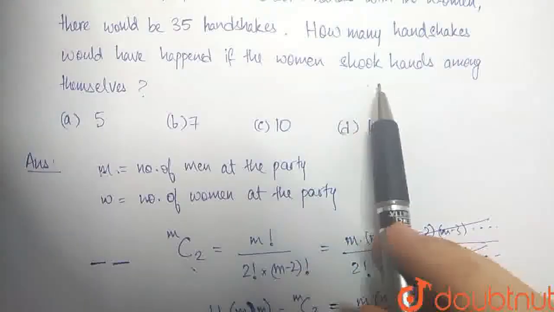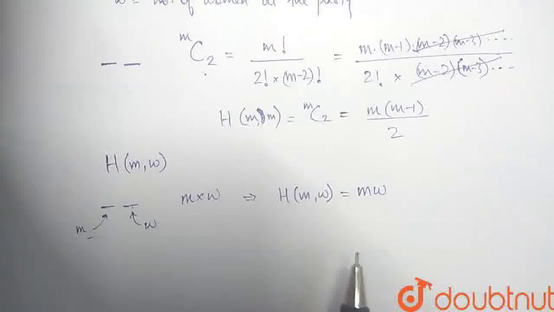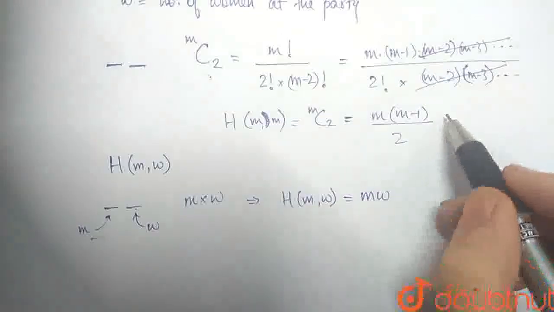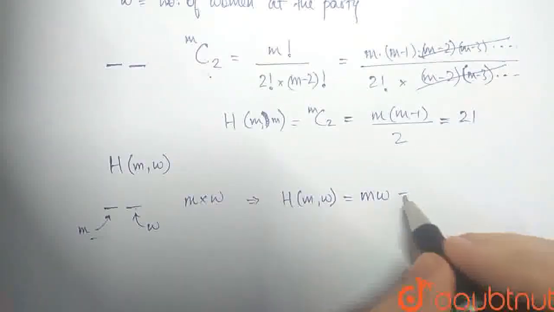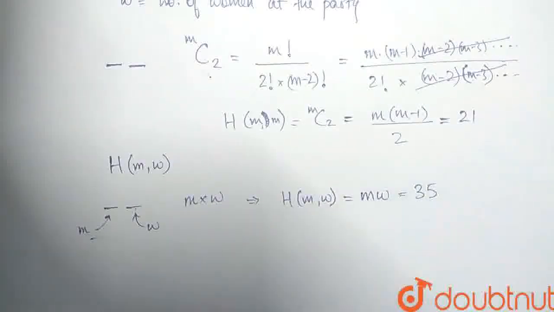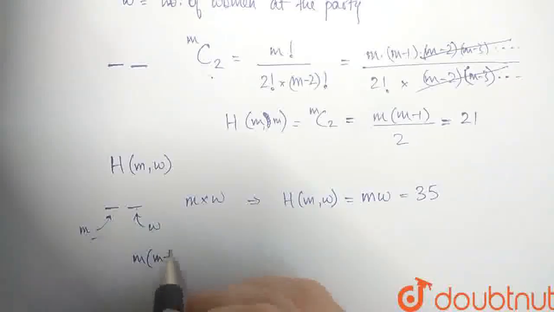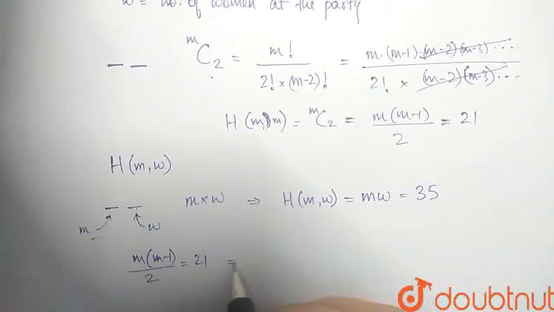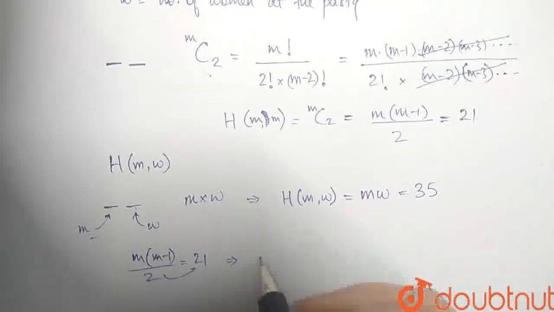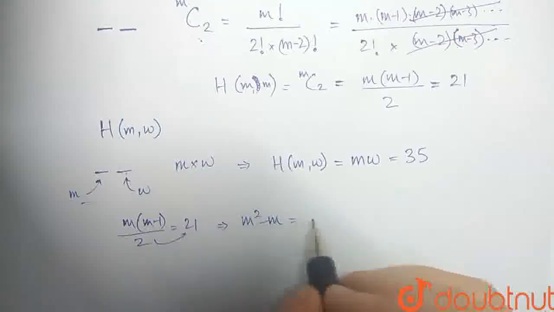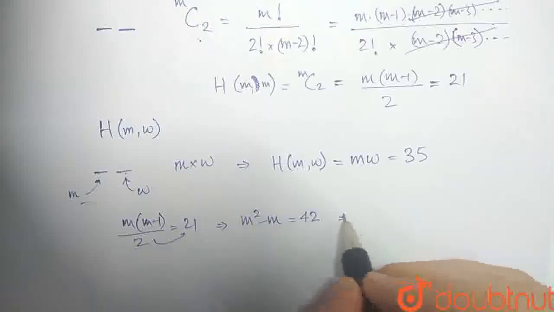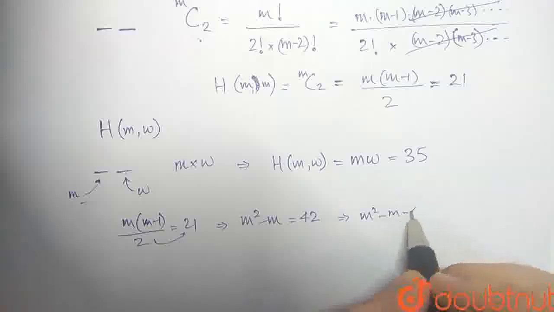Finally, what we need to find out is how many handshakes would have happened if the women shook hands among themselves. First of all, these two values we found out, and we're also given their values in the question. So this here is 21 and this here is 35. We'll work on the first one. So M times M minus 1 by 2 equals 21, which means taking this 2 to the other side and opening this bracket, M square minus M equals 42, which means M square minus M minus 42 equals 0.